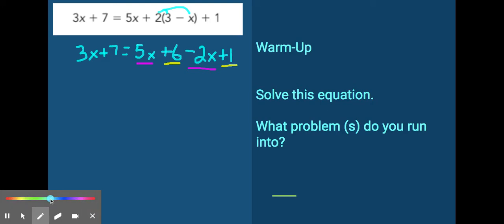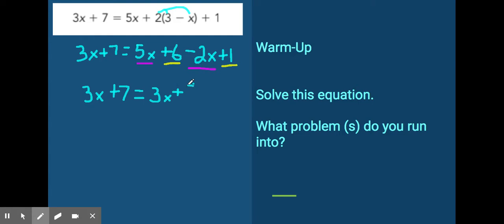So when I do that, I'll end up with, over here, 3x plus 7 equals 5x minus 2x gives me 3x, and 6 plus 1 gives me 7, gives me plus 7.